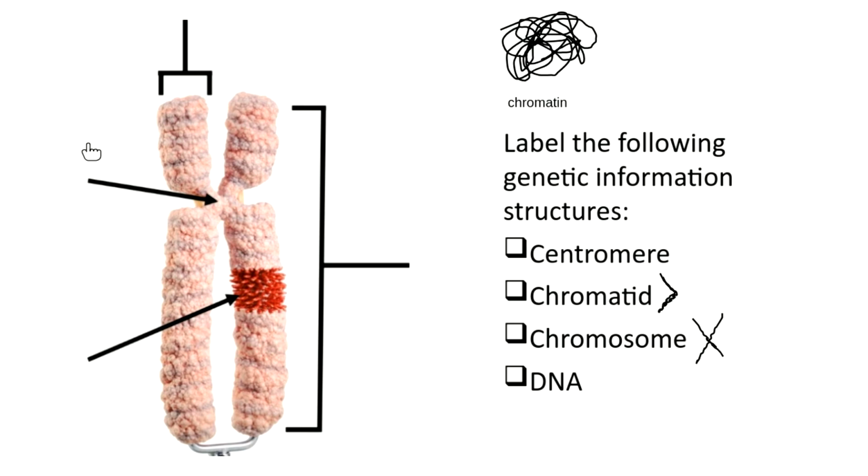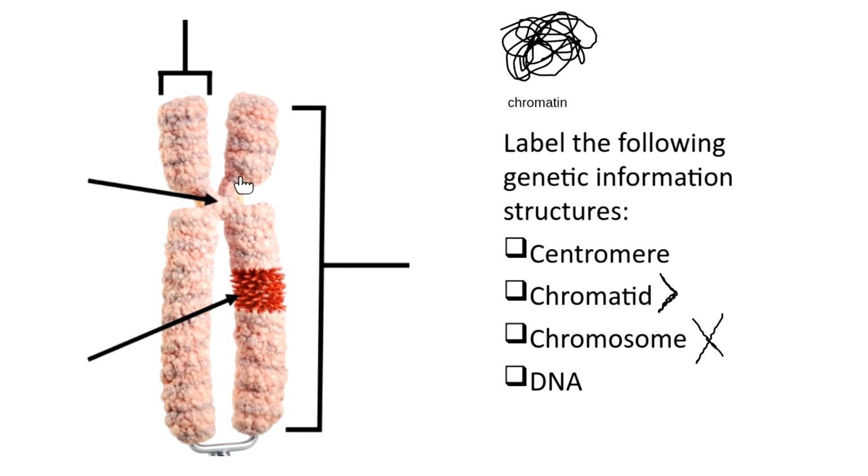So this over here on the left is a chromatid. This over here on the right is a chromatid as well. So a chromosome is a big X-shaped structure. It's made out of 2 chromatids. Those 2 chromatids meet in the center at a structure called the centromere. So the centromere is this central area that attaches the 2 chromatids to each other.